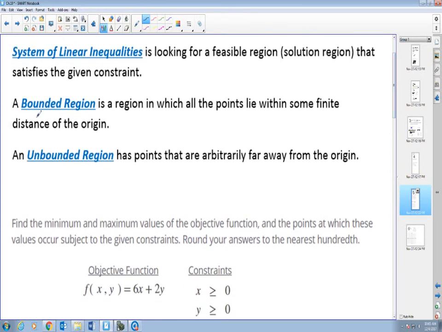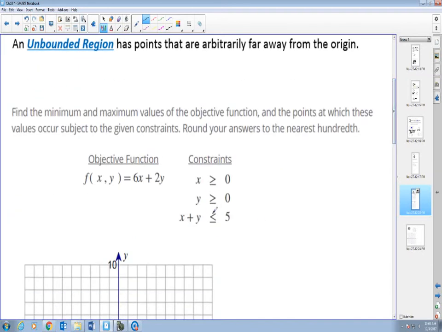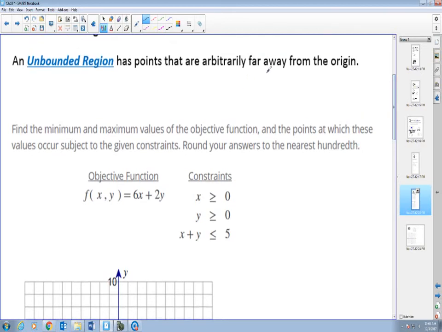What is called a bounded region is a region in which all the points lie within some finite distance of the origin. Unbounded means I have points that are arbitrarily far away from the origin.